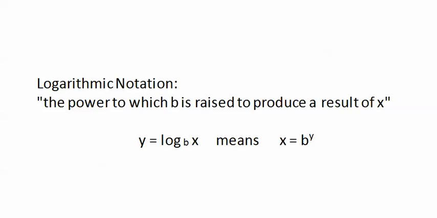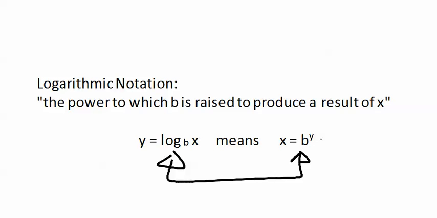At this point, we're going to use logarithmic notation to get that y out of the exponent. Logarithmic notation is really the power to which b is raised to produce a result of x. As you can see how they're interchanged right here, y equals log of x base b, which is going to be the same as x equals b to the y power.